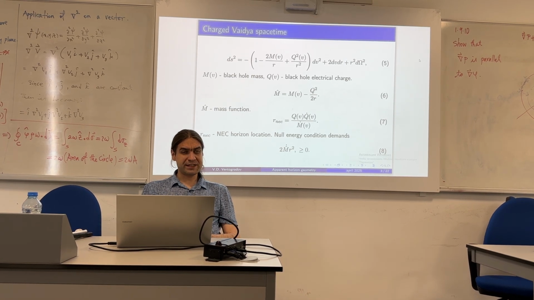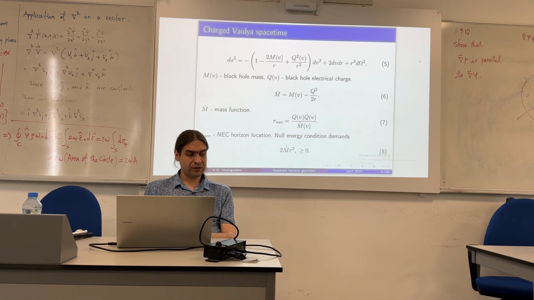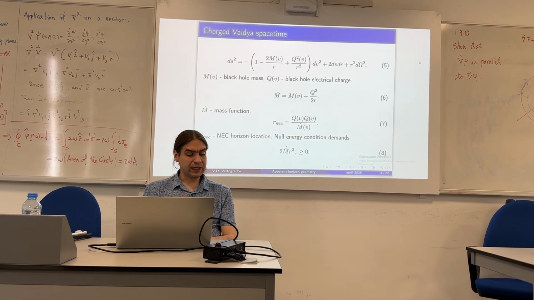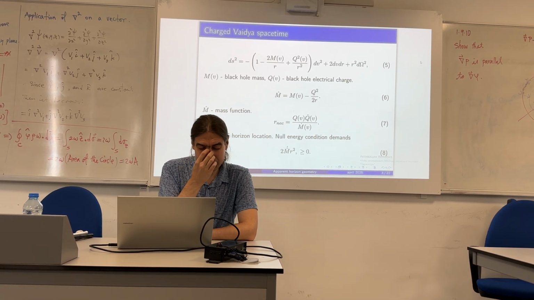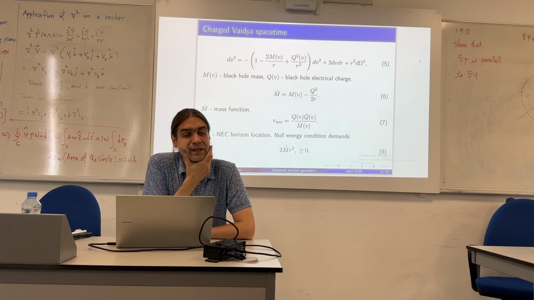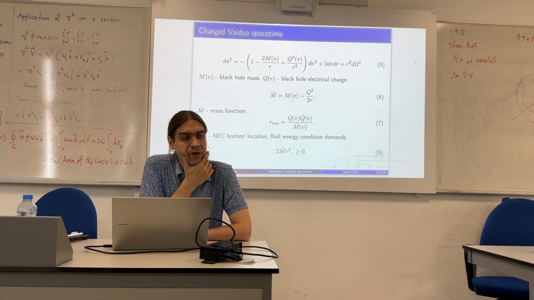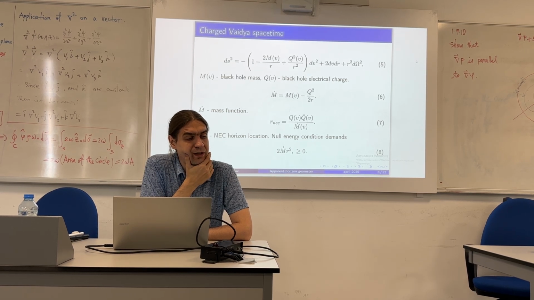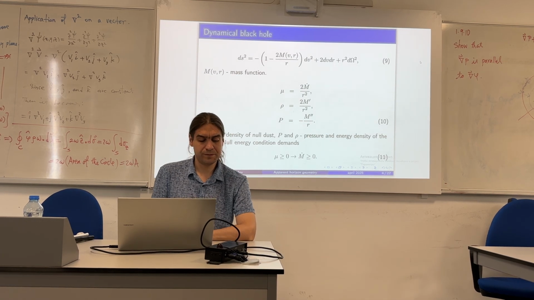This horizon separates regions where the energy condition is violated from the regions where it is satisfied. Okay, so it's just the null energy condition horizon. And my idea was the following, that the behavior of the apparent horizon somehow depends on this null energy condition horizon. And let's dive into details.